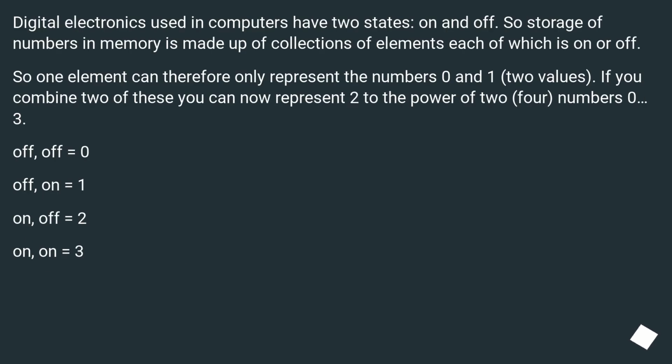Digital electronics used in computers have 2 states, on and off. So storage of numbers in memory is made up of collections of elements, each of which is on or off. So one element can therefore only represent the numbers 0 and 1, 2 values. If you combine 2 of these, you can now represent 2 to the power of 2, 4, numbers, 0 to 3. Off, off equals 0.